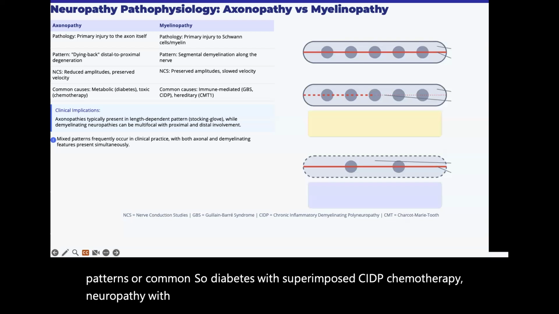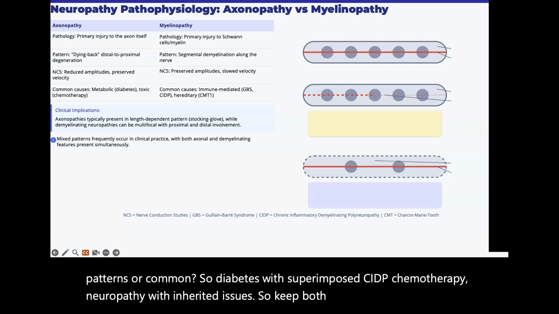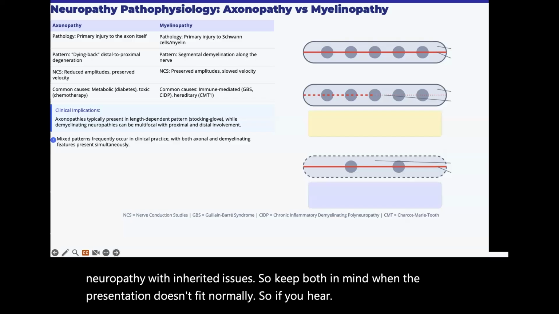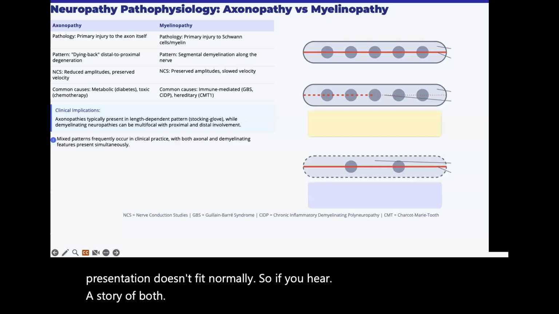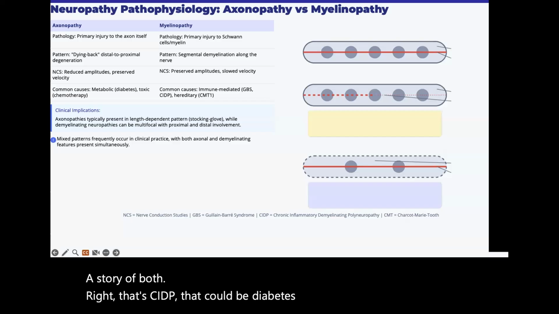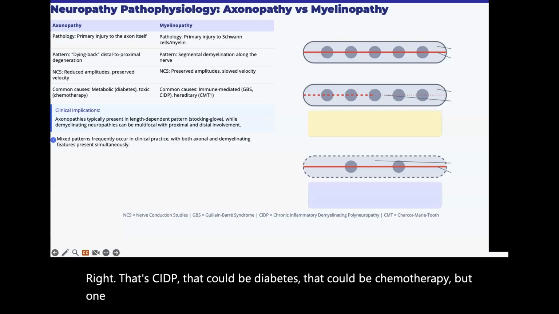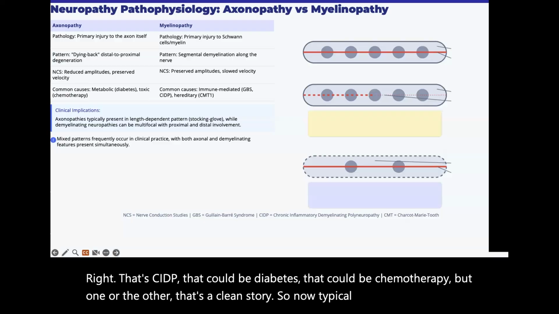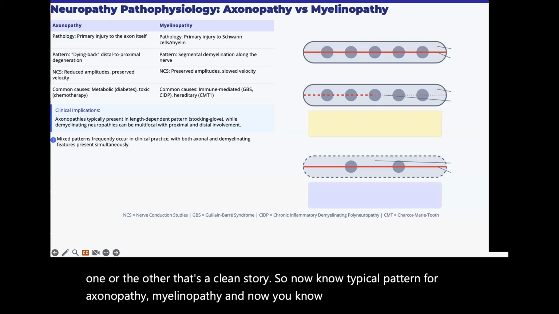So keep both in mind when the presentation doesn't fit normally. So if you hear a story of both, that could be CIDP, that could be diabetes, that could be chemotherapy. But one or the other, that's a clean story.